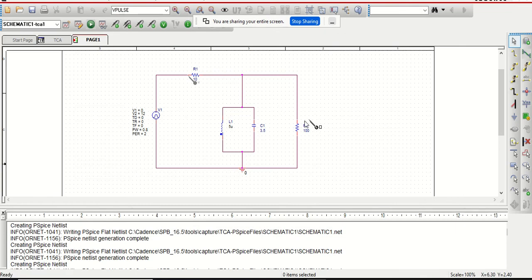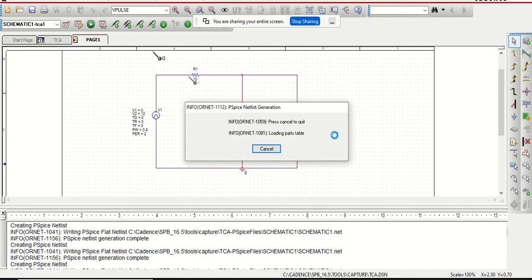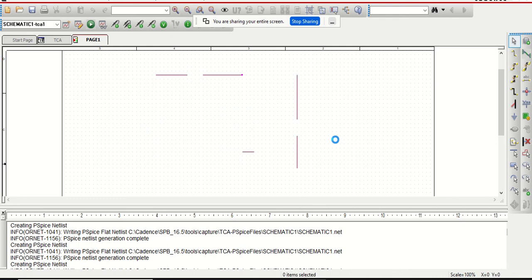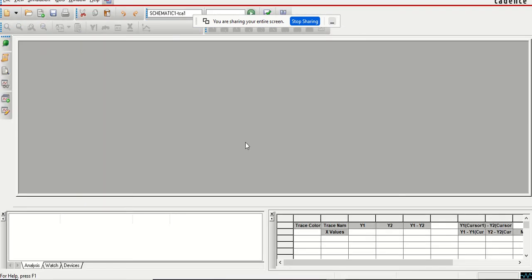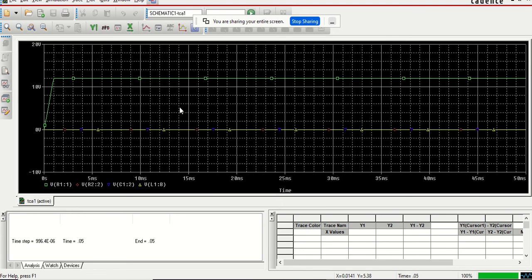We will show the voltage drop at all branches.